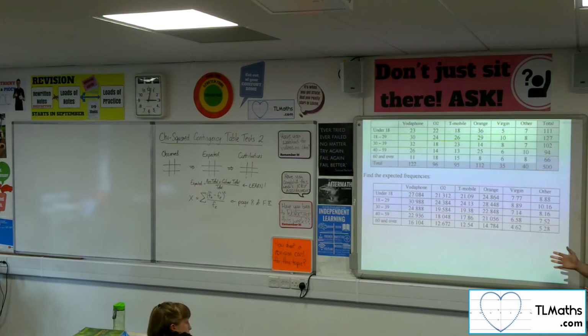Now, how are you going to deal with that? The idea is that you combine columns or rows. So you've got a choice. Do you combine those two rows, or do you combine two of the columns? Which one of those two choices would be the most appropriate, do you reckon?